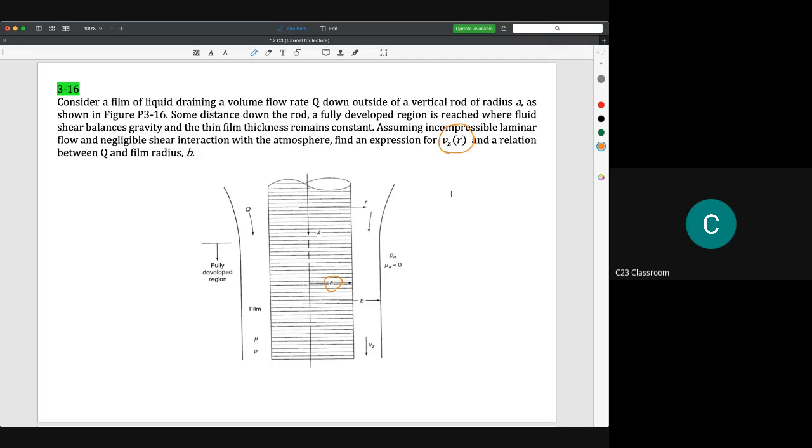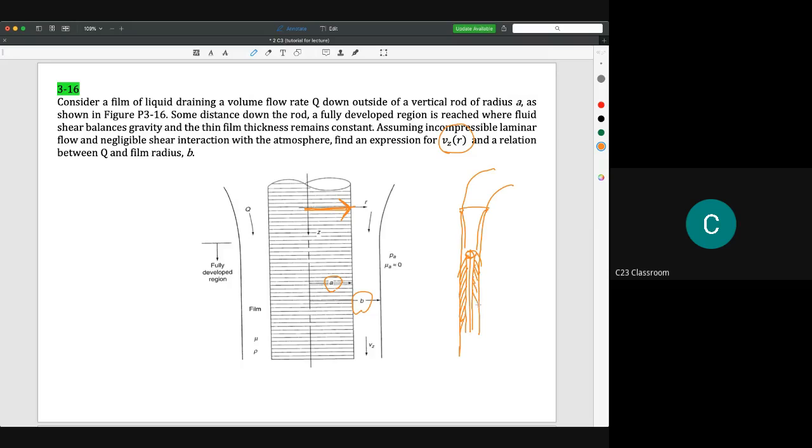So this is the film radius b here. And then we have a rod here, and this rod will have the constant radius of R. So this is the situation. For example, we have a pipe here, and then you flow water here, and at the middle here you have a rod. And now the water is flowing on the rod surface like this.